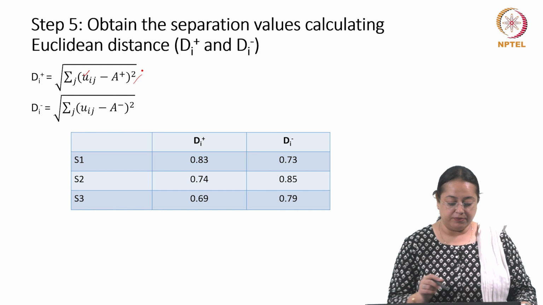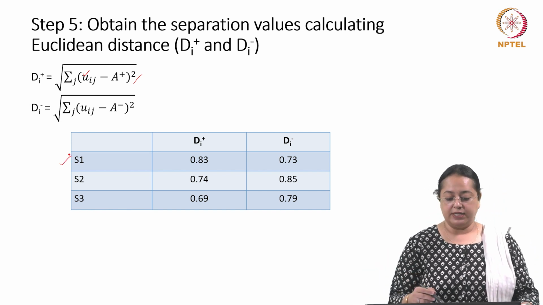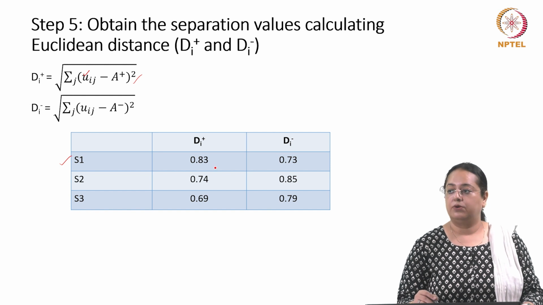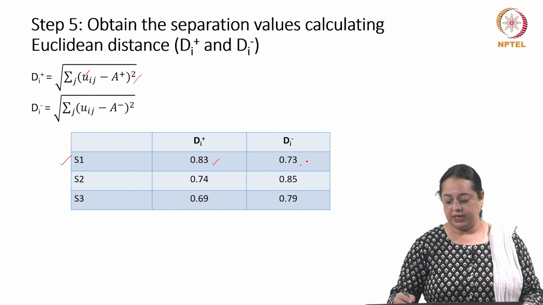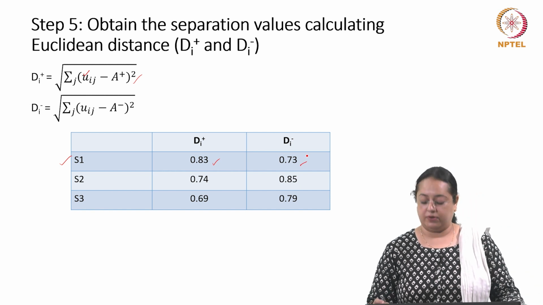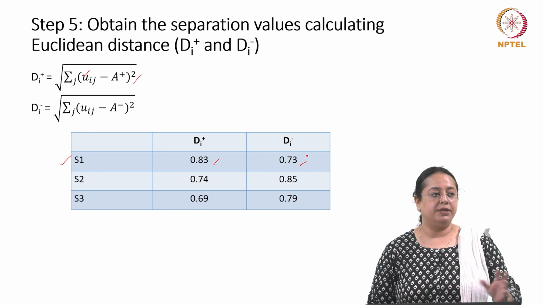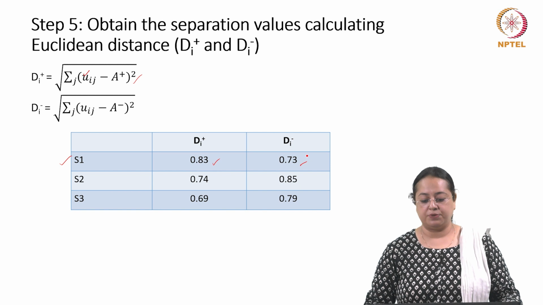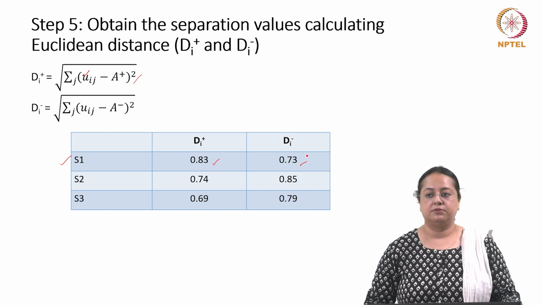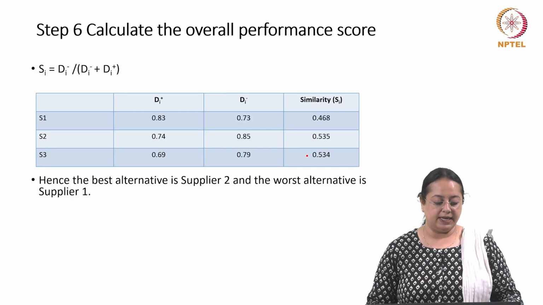That would give for each supplier the separation value, using the distance measure. So this is how we will determine the difference or distance between the ideal solution and the cell. And then what is the index?